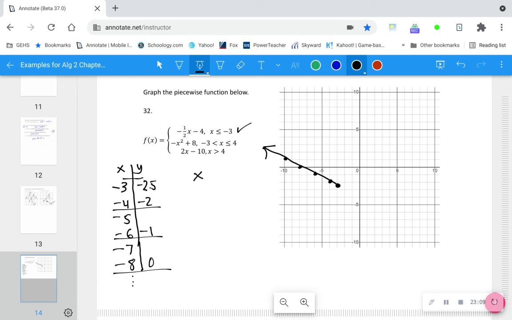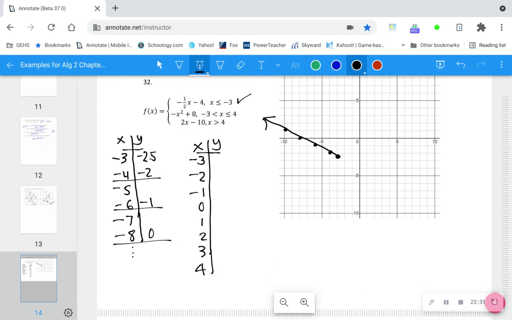Okay, so we make another T-chart here, and we're going to use numbers between -3 and 4. You can see that right there. But the first one is actually not part of the graph, so I'll put an open dot there when I get to it. Okay, so we need to square them, change the sign, and add 8. -3 times -3 is 9.